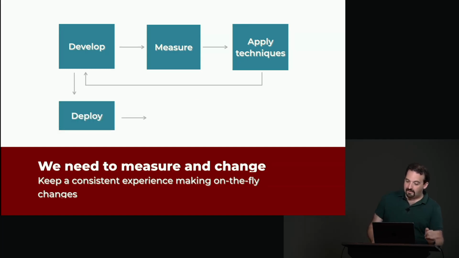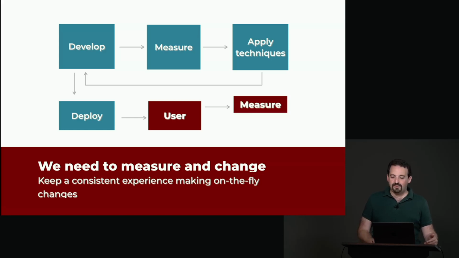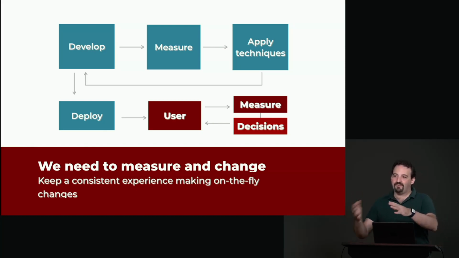When you deploy, that goes to the user. Web performance optimization shouldn't stop with the deployment. You should also measure real user metrics and do two things. Make decisions on the fly for that user. That's what I mentioned as reactive web performance. So for example, if the latency is too high, let's decrease the amount of data, or let's make only one request and try to bring many things at once.